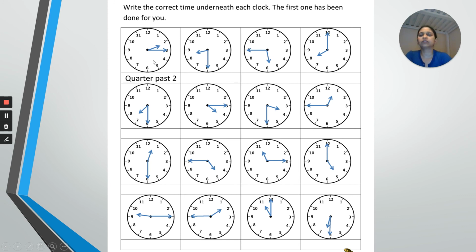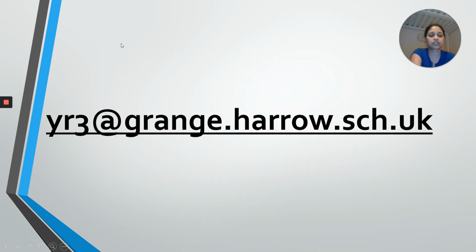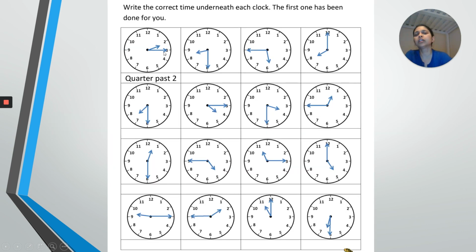The first one is done for you. The first one is where your minute hand is on the 3, so we know it is quarter past. Your hour hand is on the 2, which means this time represented here is quarter past 2. Okay, so quarter past 2.